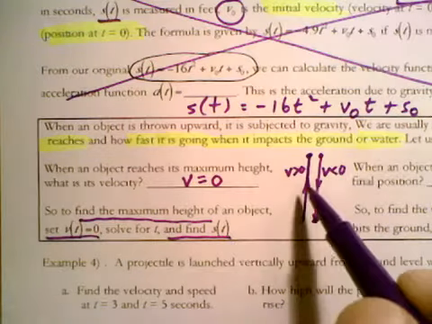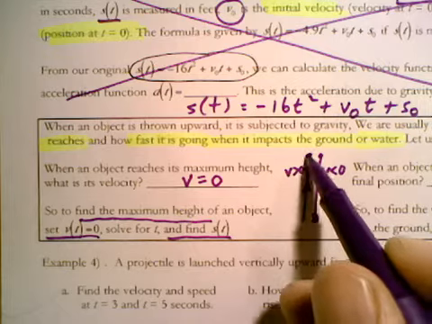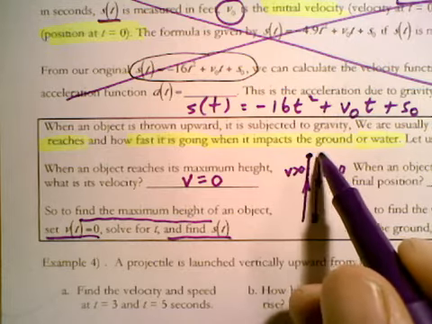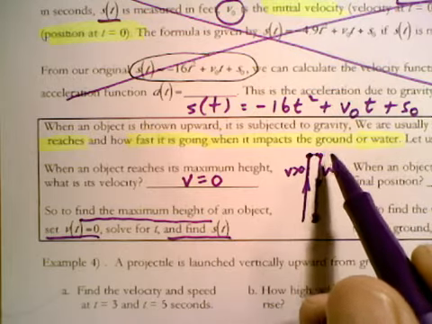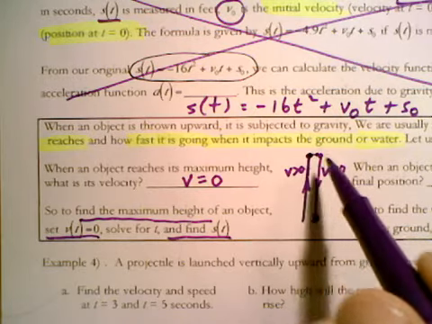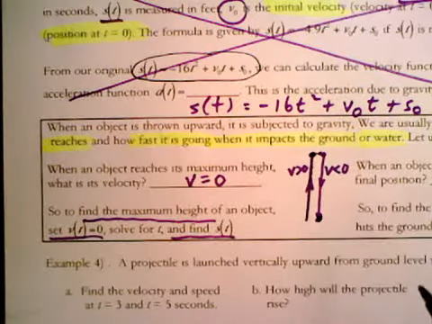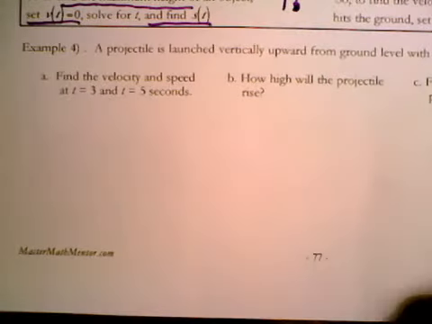So always, everywhere along the way, we have a position at a certain time, and if we can figure out what time the velocity is 0, we plug that into the position, and we'd be able to figure out the position when velocity is 0, and that would give us the maximum height. So let's go ahead and do that first, and we'll do A and B down here, and then we'll get over there to the other part.